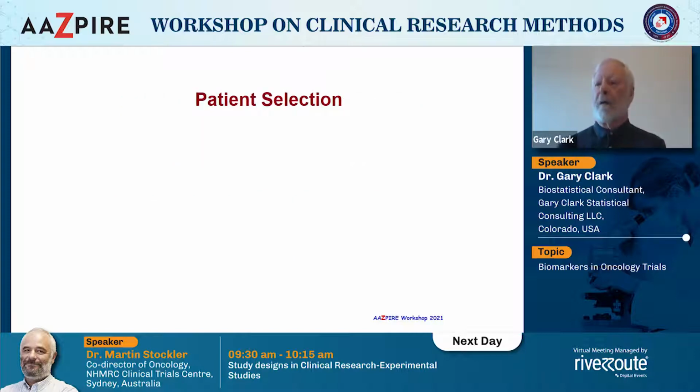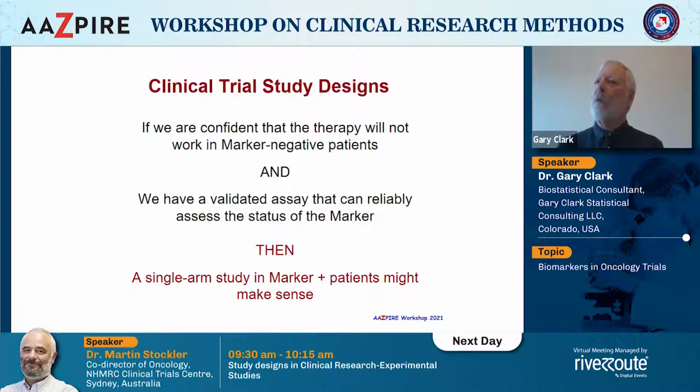So let's start talking about patient selection. Now, if we are really confident that the therapy will not work in marker negative patients, and we have a validated assay that can reliably assess the status of the marker, then perhaps a single arm study in just marker positive patients might make sense.